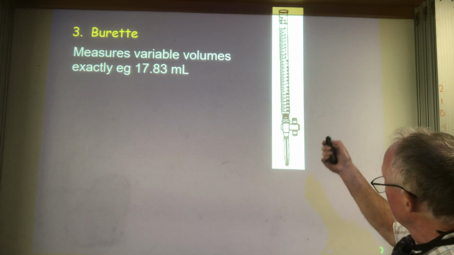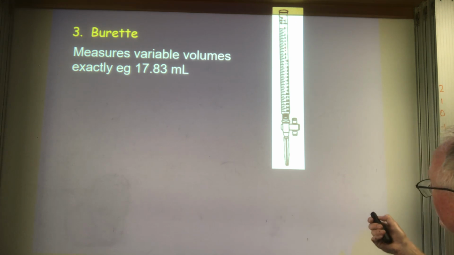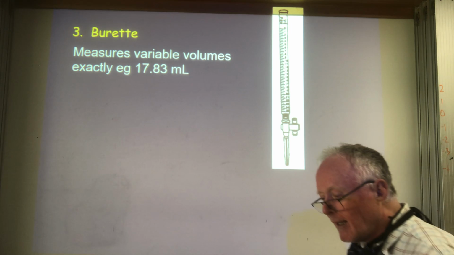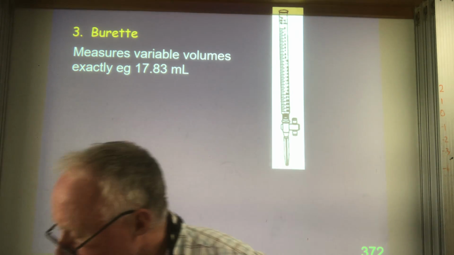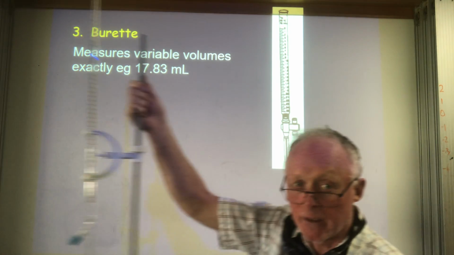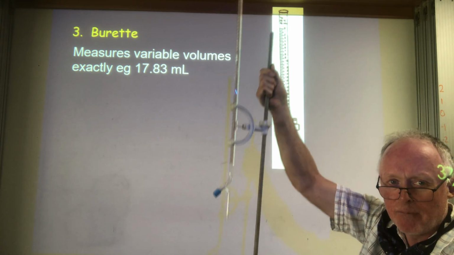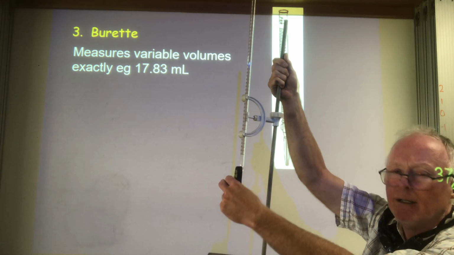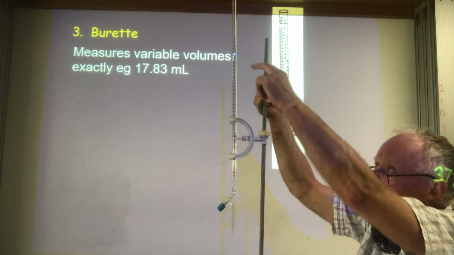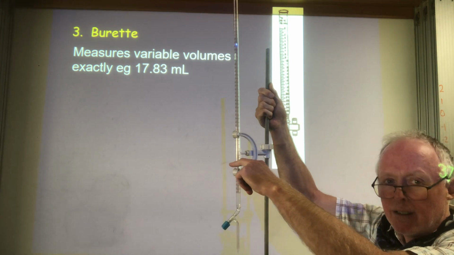Burettes have got a scale on them. You start at one point on the scale, you finish at another point on the scale, and the volume delivered is the difference between them. So again, I've got the one from the display on the side here. It's got a tap down the bottom. You let the solution run out to a certain point.